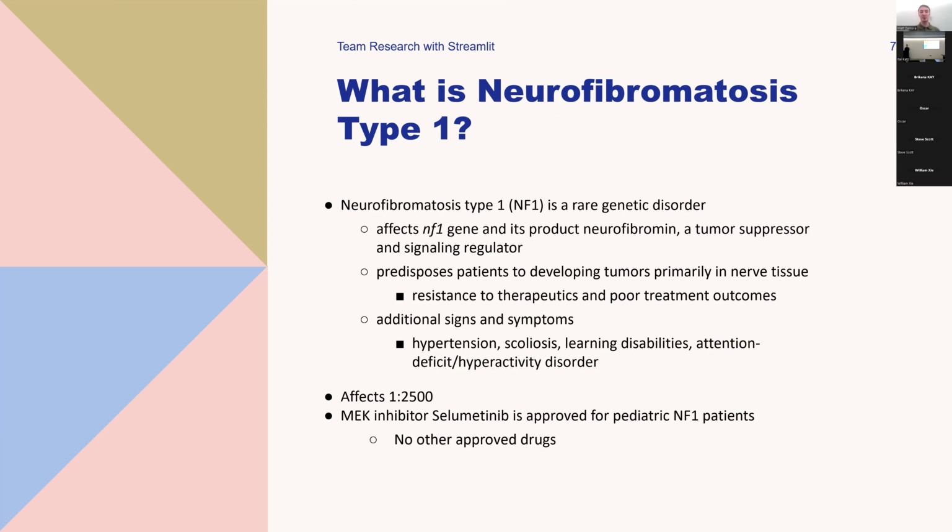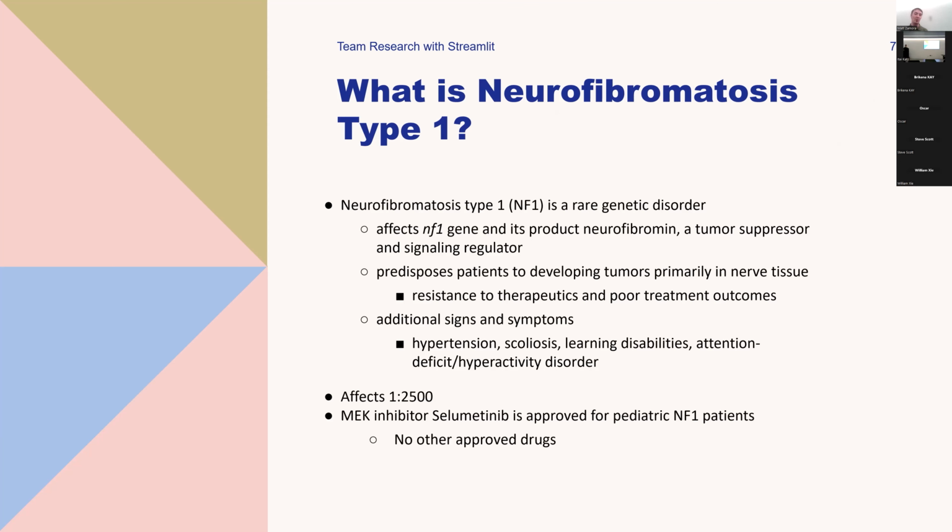So it predisposes patients to having tumors, primarily in the nervous tissue. It's resistant to therapeutics, and there are poor treatment outcomes. Additional signs and symptoms include hypertension, scoliosis, learning disabilities, ADHD, and others. We'll go into that a little bit more detail.